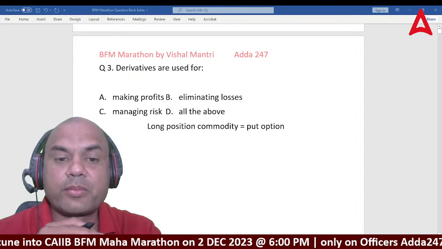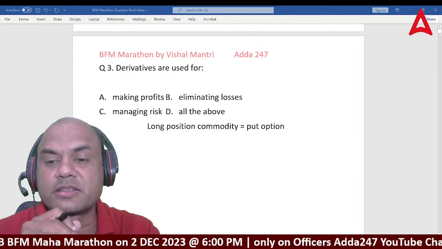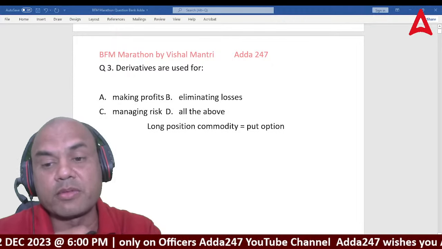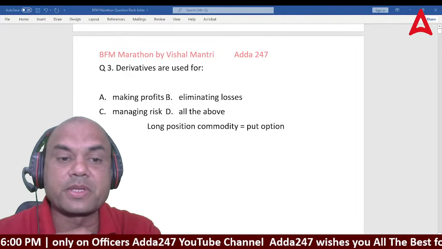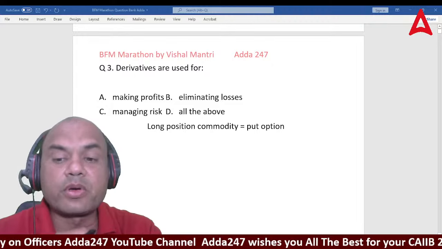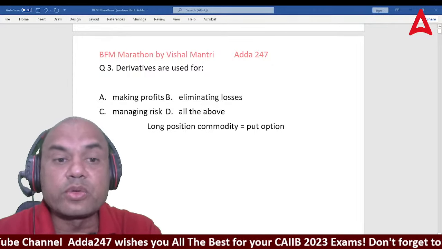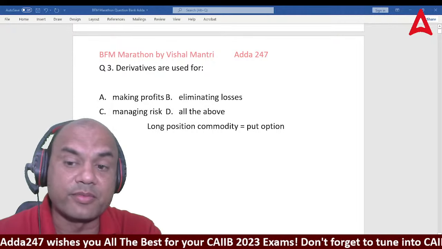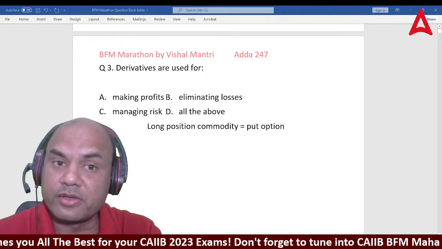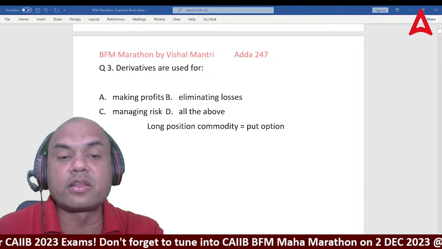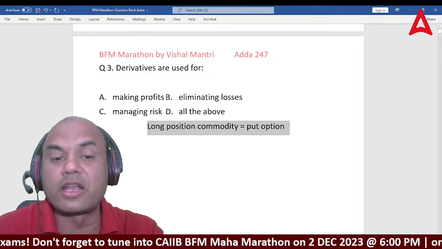Correct, put option is for selling. Always remember selling. Under a put option, you get the right to sell, but not the obligation. So with a long position in commodity, you'll always buy the put option.